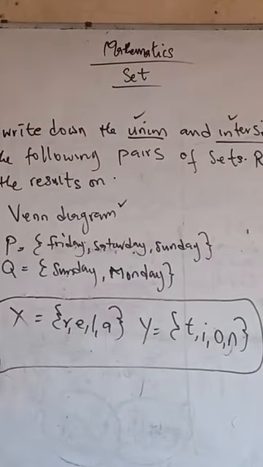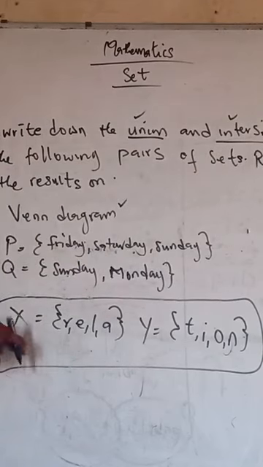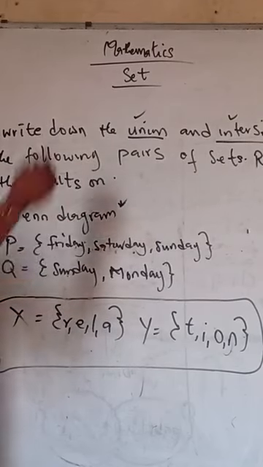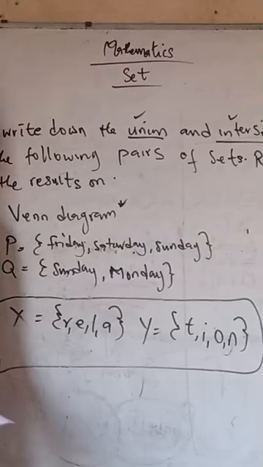In this same question, I want you to look for the union, look for the intersection, and also present this in Venn diagram, the way I did mine. Very simple. After doing that, put the answer in the comment section, and I will go through it. And also, if you have another question related to this, also put it there.